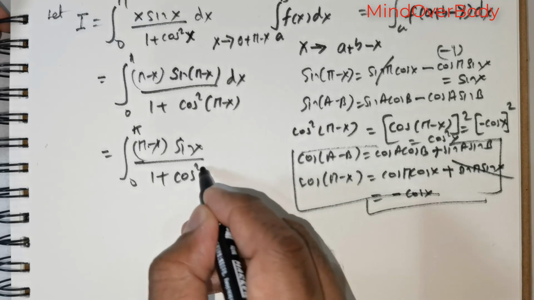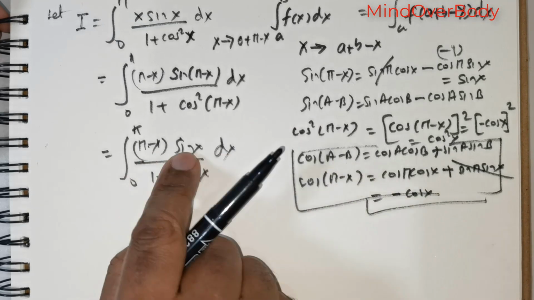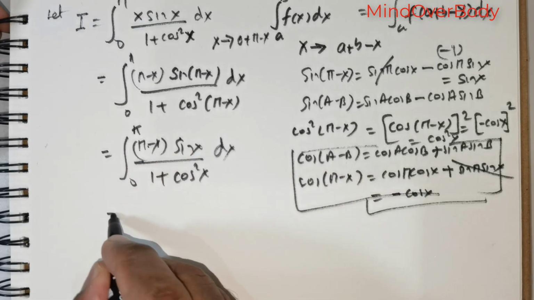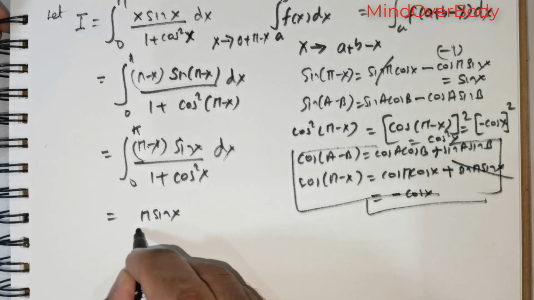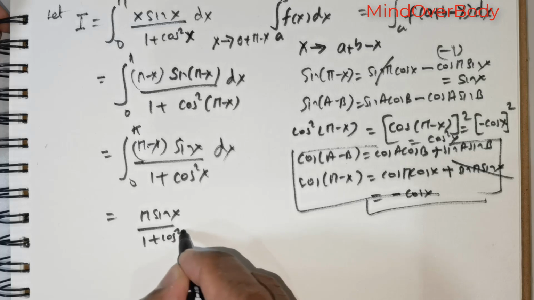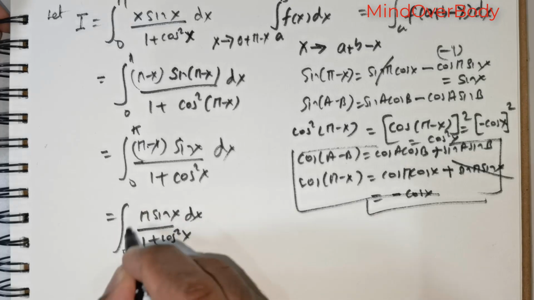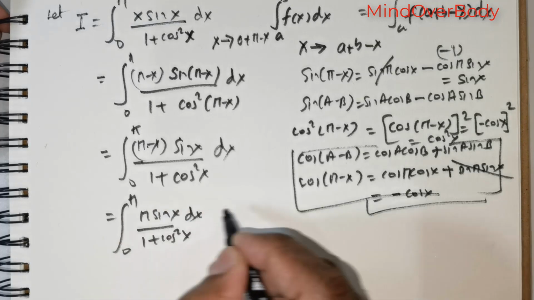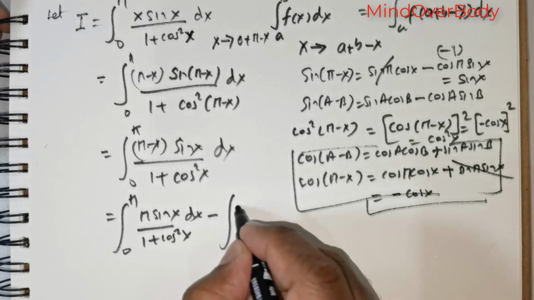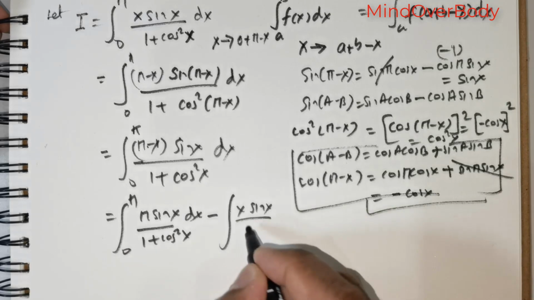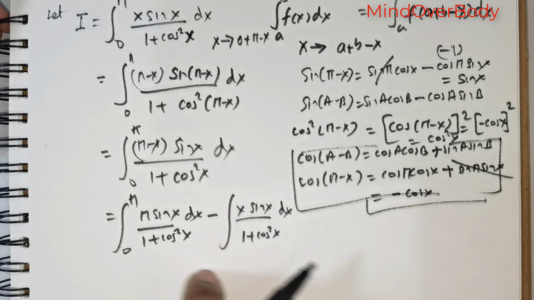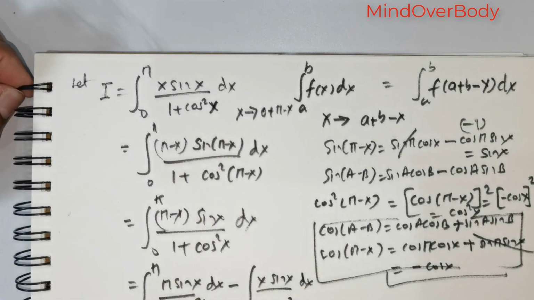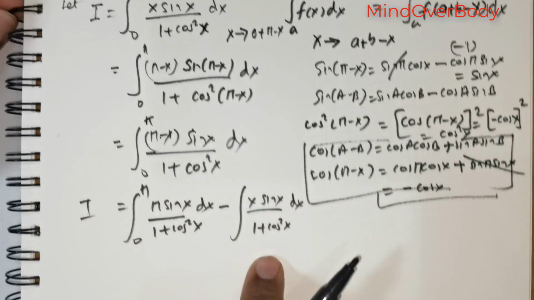Now distribute sine x and that would give me pi times sine x divided by 1 positive cos squared x times dx, with the integration limits 0 to pi, negative x times sine x over 1 positive cos squared x times dx. Now what is this? This is nothing but my I. On the left I have an I, on the right I also have an I.